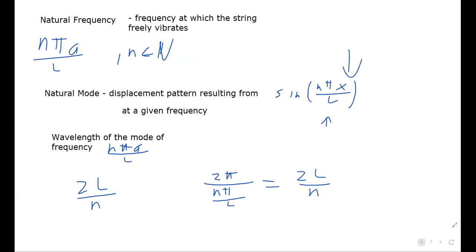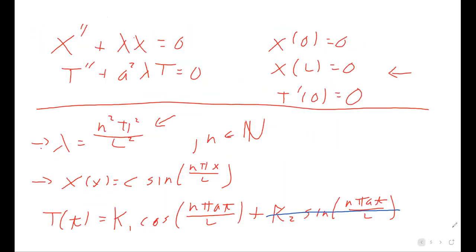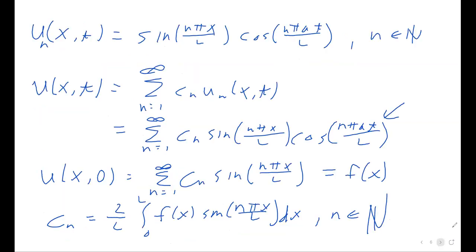So going back, we still have this equation. This time, we're going to get rid of the cosine and we're going to keep the sine.